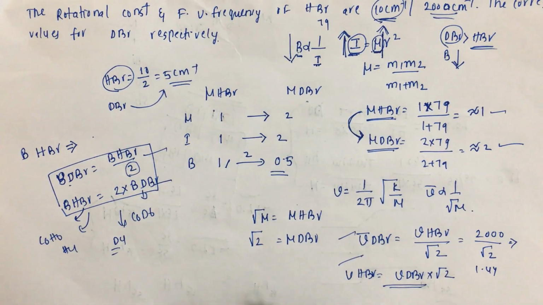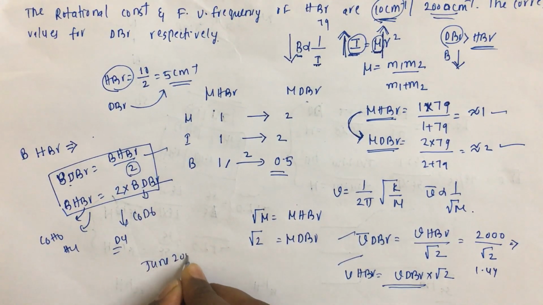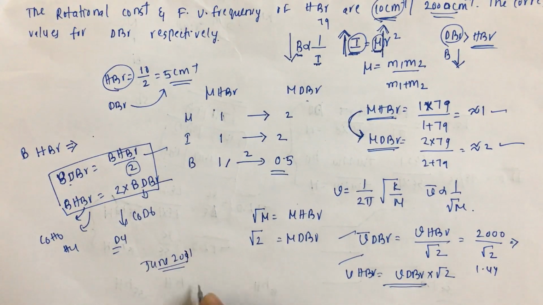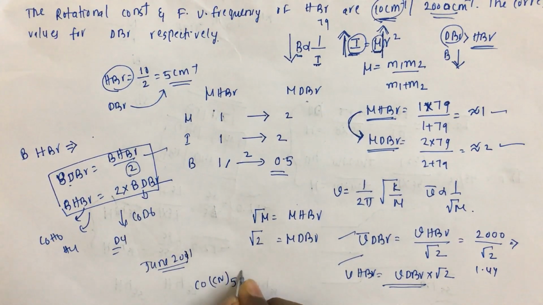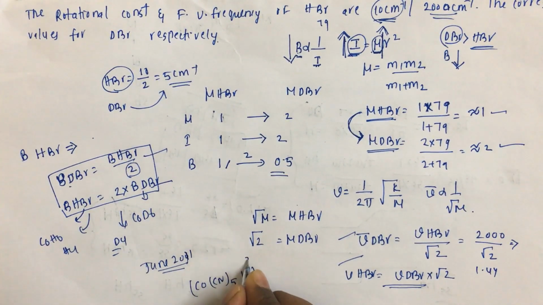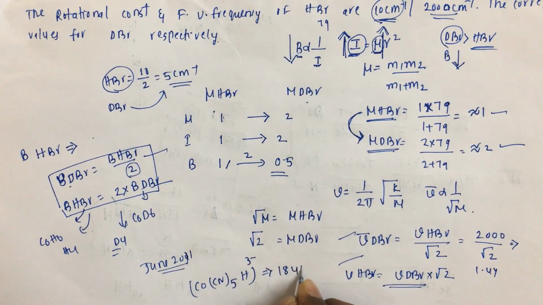And there is another question which was asked in June 2011 in a CSIR exam. They have given this compound CO CN5 H3 minus, having a stretching frequency of 1840 centimeter inverse.